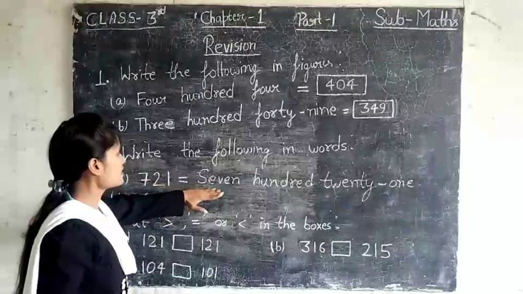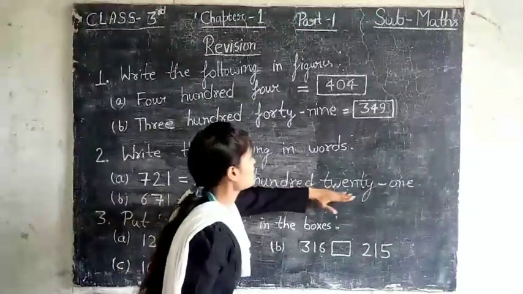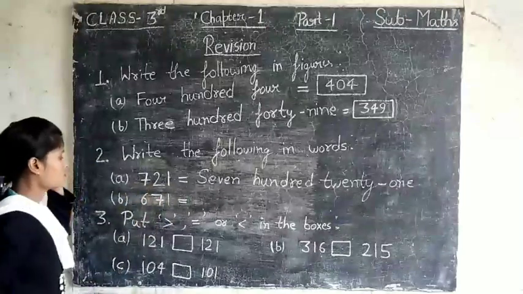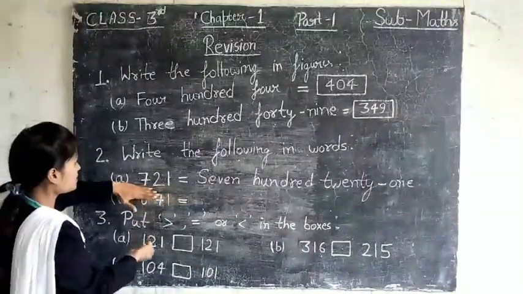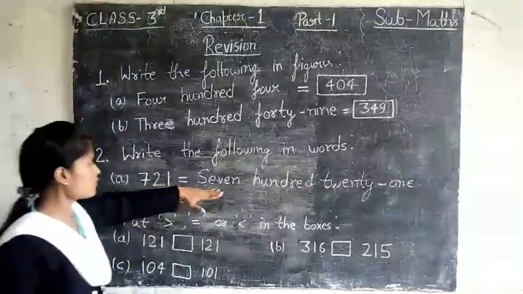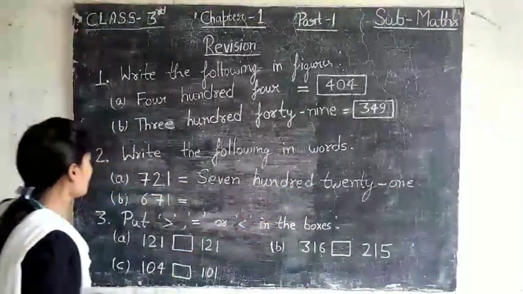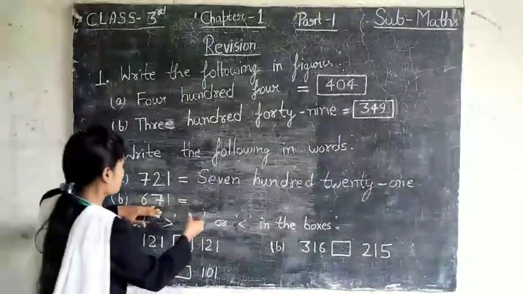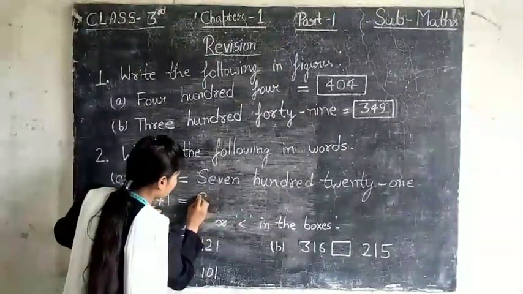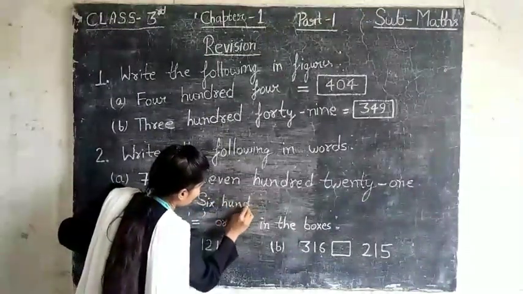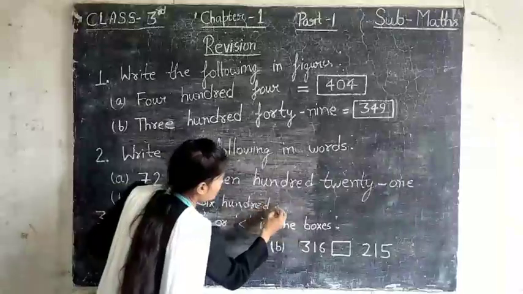So 721 is written as ones, tens, hundreds. So 700, and tens, that is 20, and last is 1. That is 721. Now next is B, 671. So now it is written as 671.